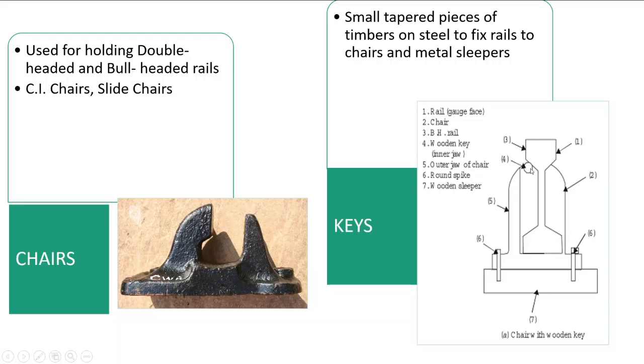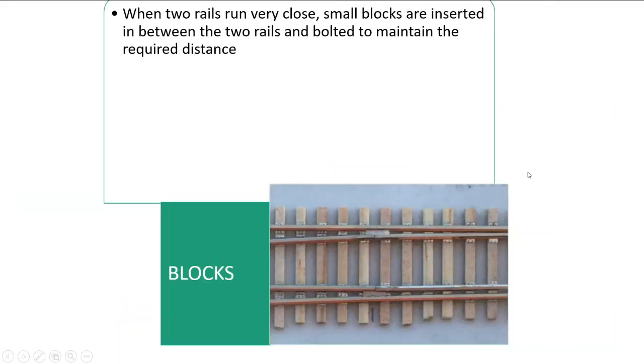Here is a wooden key and this is the chair. So keys are the small tapered pieces of timber to fix the rails to the chairs. To fix the rail with the chair, these keys are used.